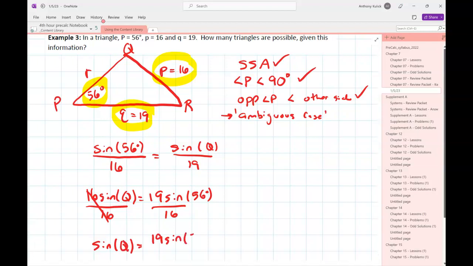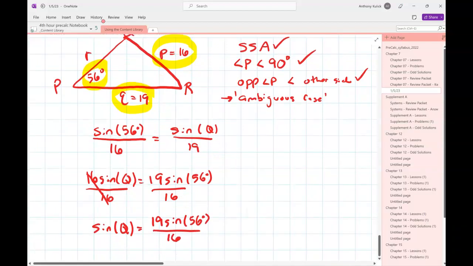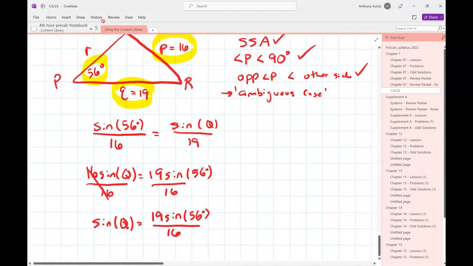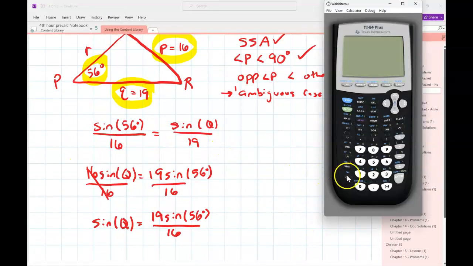And I want to look at what that number is. So I'm going to go to my calculator and type in 19 times sine 56 over 16.